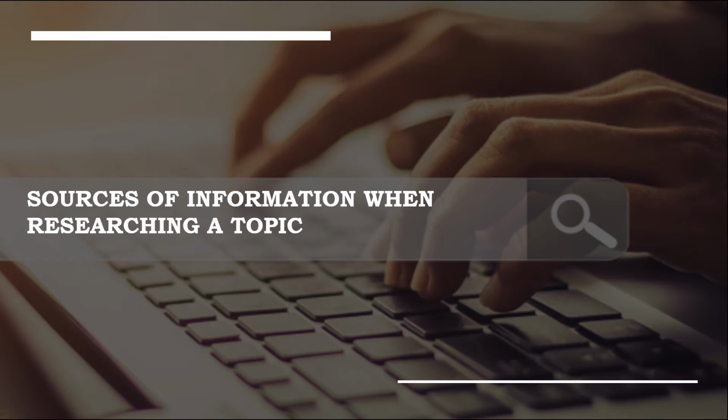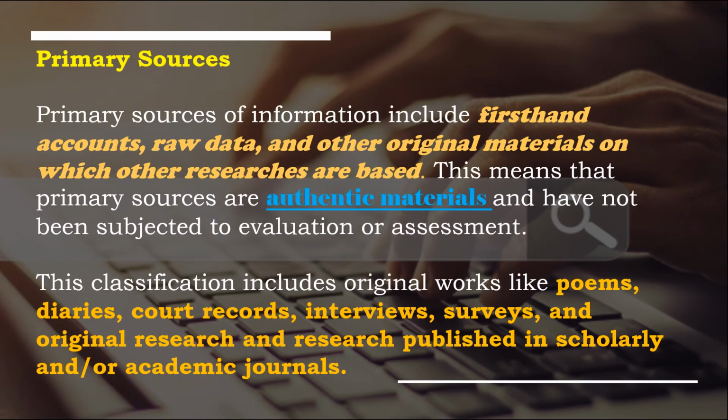So let us find out what are the different sources of information when researching a topic. So the first one is a primary source or primary sources. Primary sources of information include first-hand accounts, raw data, and other original materials on which other researchers are based.